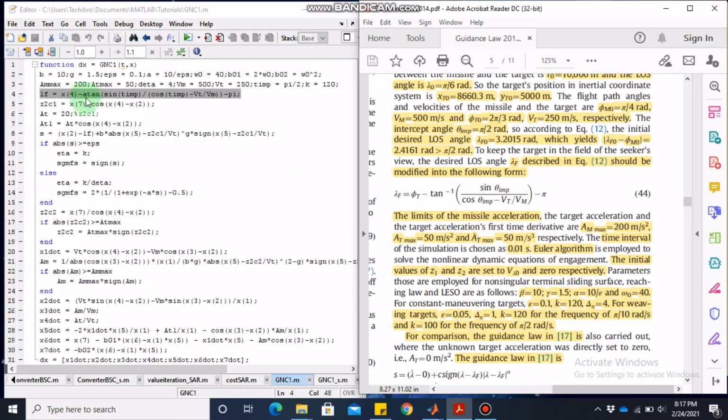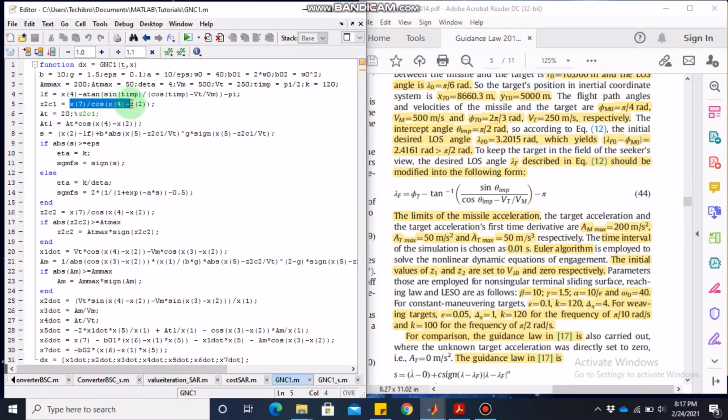And then we have this equation x7 divided by cos of x4. So let me tell you what the state variables in the system are.